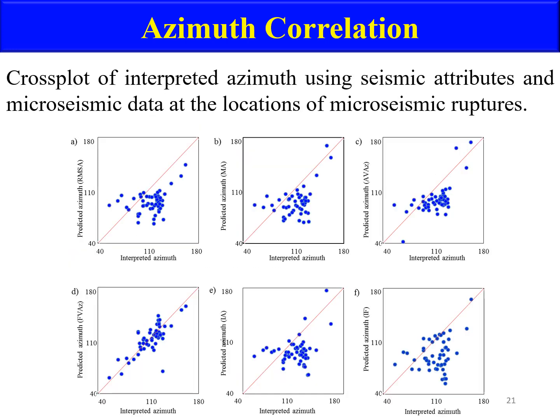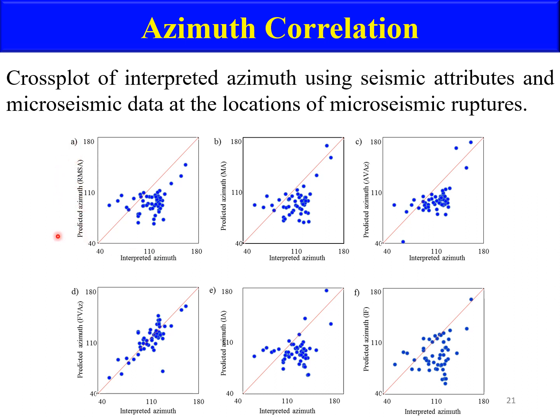To better say which attribute is the best, we cross-plot the benchmark azimuth with the predicted azimuth of anisotropy. In these slides, the horizontal axis is the benchmark azimuth computed using microseismic data.